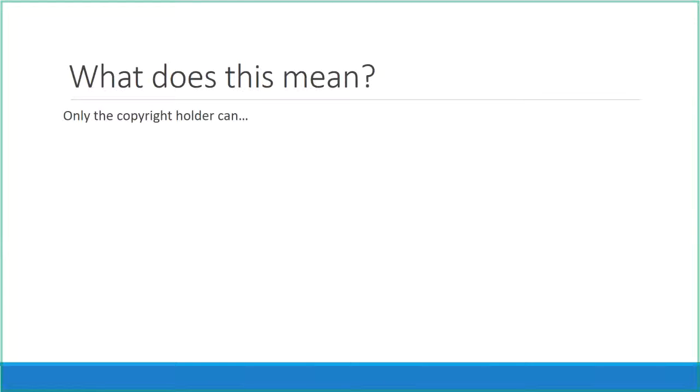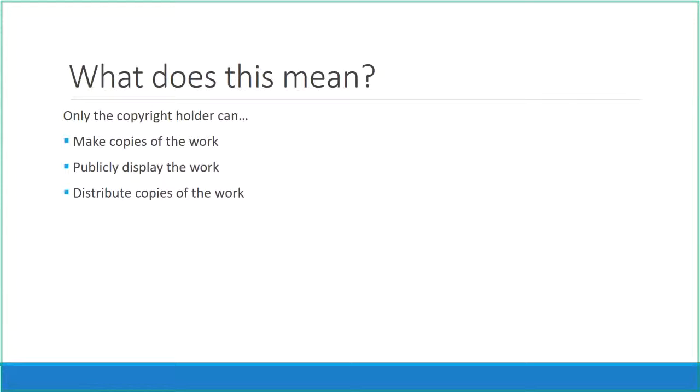But some of the things that could happen: only the copyright holder can make copies of the work. So if you want to pass out copies to your class, or you're presenting at a conference and want to pass out copies, that's not quite legal. Only the copyright holder can publicly display the work. Only the copyright holder can distribute copies of the work.